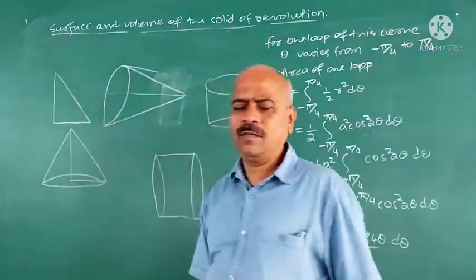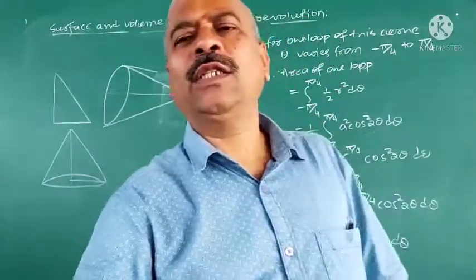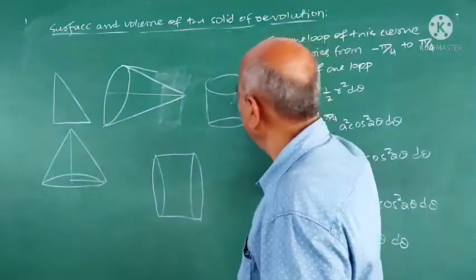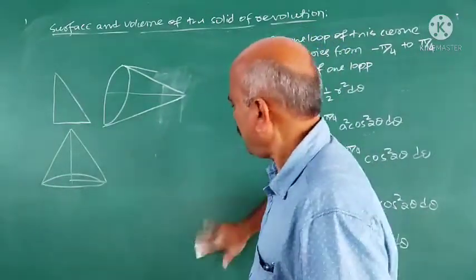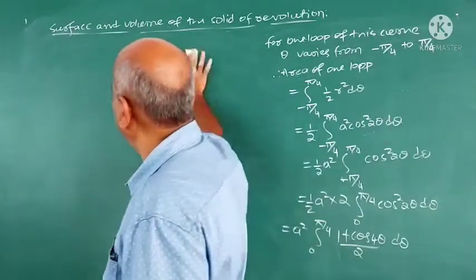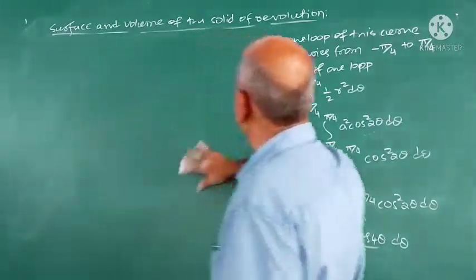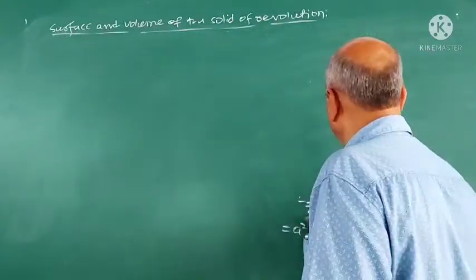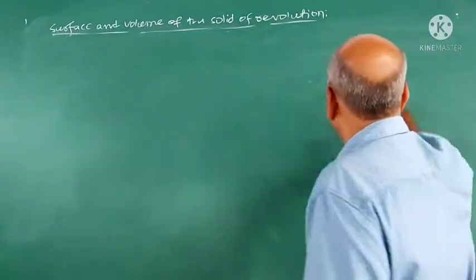Therefore, the conclusion is, when the area bounded by a plane curve is revolved about any line, then we will get a solid.